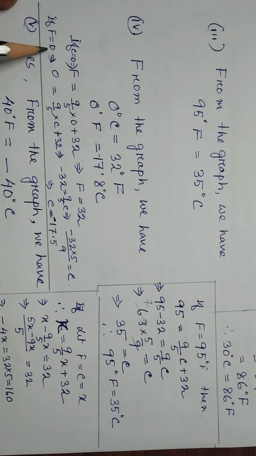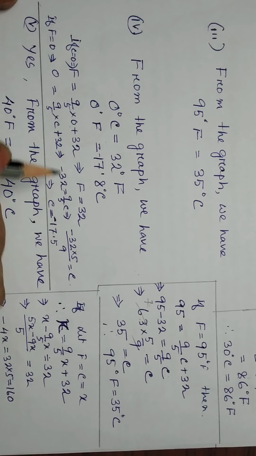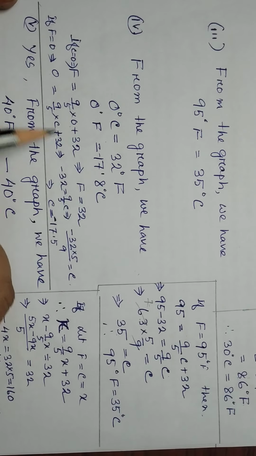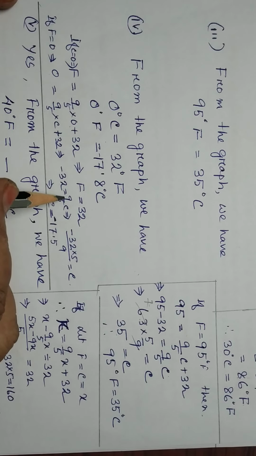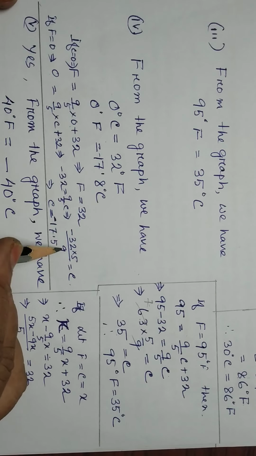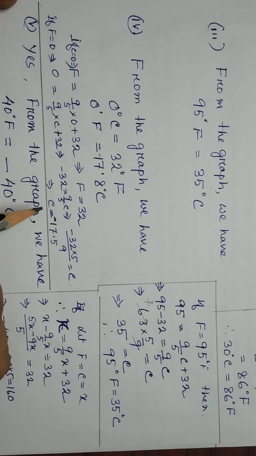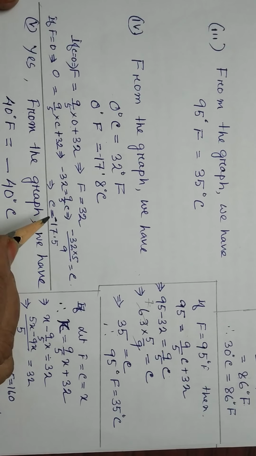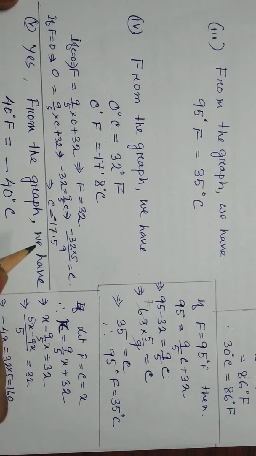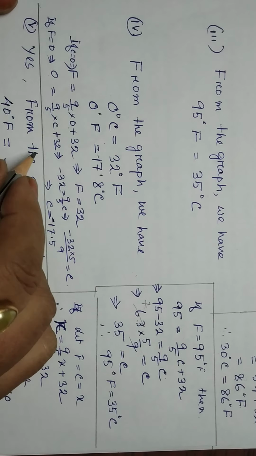And if Fahrenheit is equal to 0, in place of F if we put 0, then 0 equals 9 by 5 into C plus 32, and this 32 if we bring this side, then minus 32 equal to 9 by 5 into C, and this one will be minus 32 into 5 by 9 equal to C. And if we simplify, then we will get C is equal to minus 17.8.